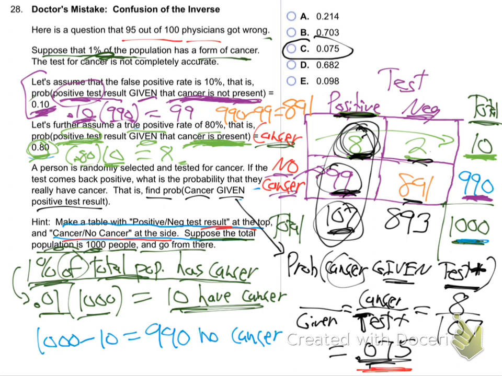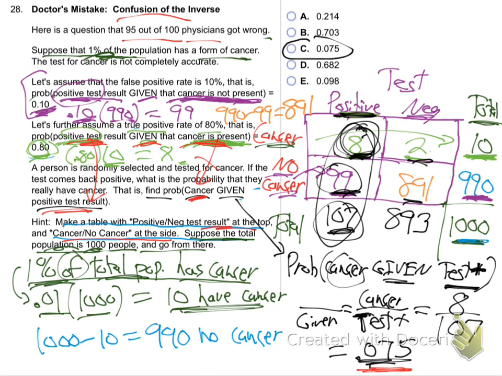Why'd they think that? They confused the inverse. When they were asked the question, what's the chance you have cancer given you got a positive test result? They thought it would be about the same thing as positive test result given that you have cancer. That's a switcheroo, right? The cancer goes here, the positive test result goes there. That's inverting, and that matters.